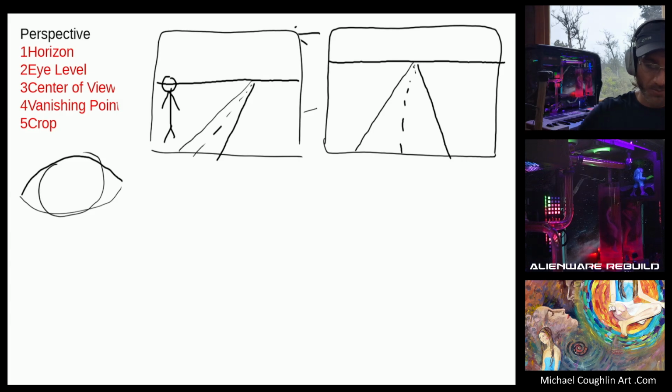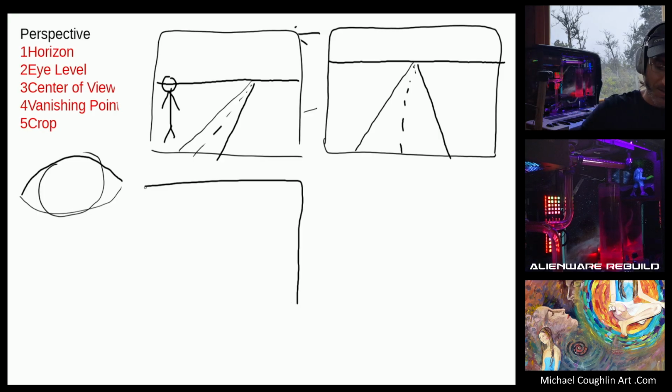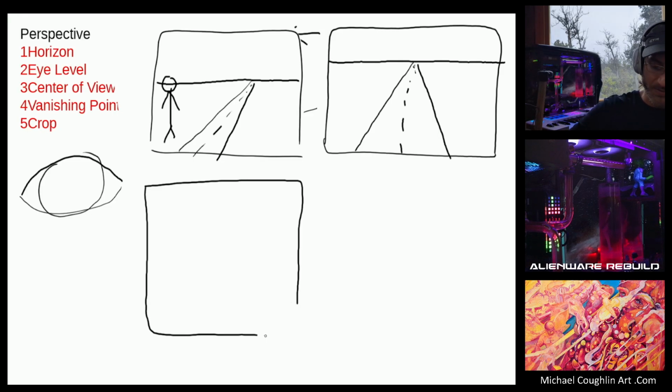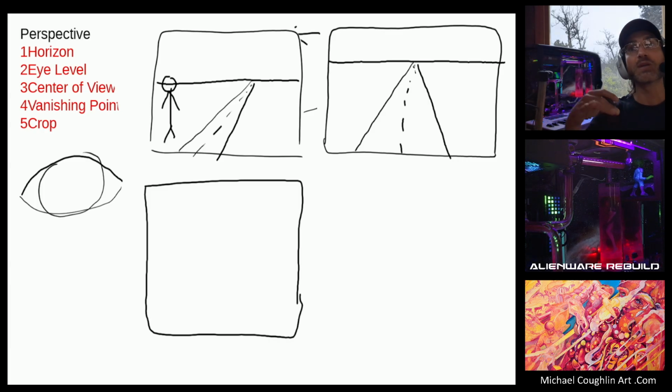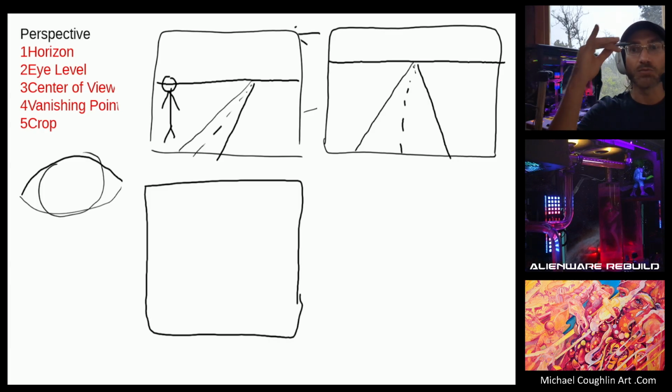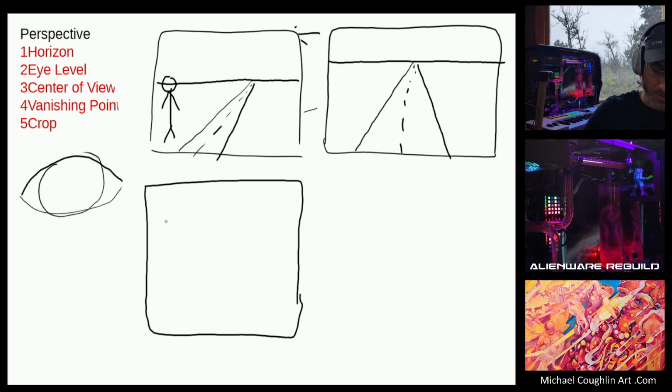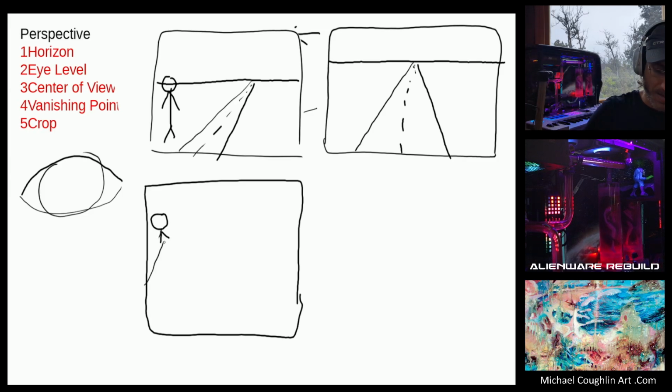But the vanishing point and/or the horizon and the eye level will change in relation to how far above the earth you are. If you go on a really tall mountain and you look out straight, this person right here is on a tall mountain. Here is the height of the mountain, and they are standing here.